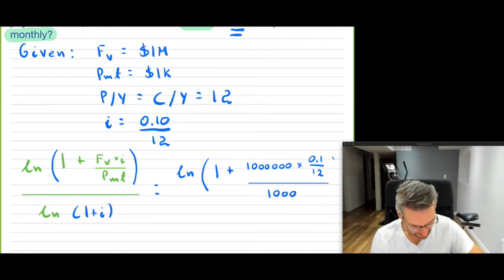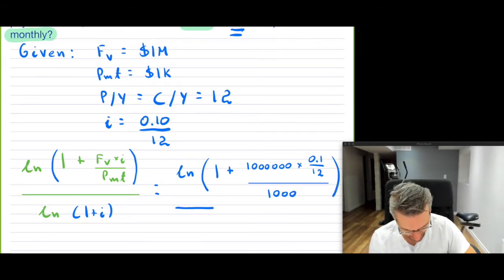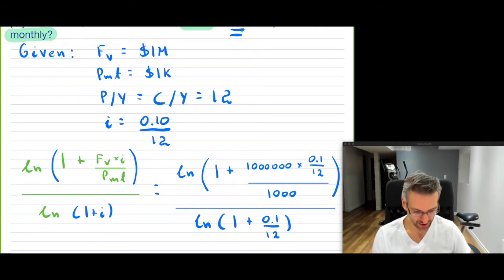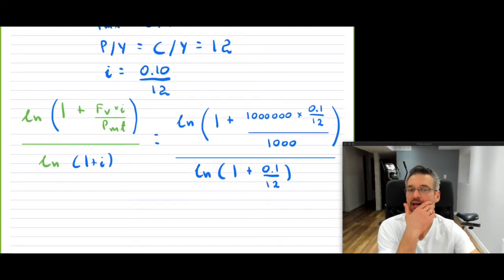$1,000. So we have to take the ln of that divided by, and now we're going to be dividing by the ln of 1 plus 0.1 divided by 12. So this is going to be a pain to try to put into our calculators. All right, so let's take a look and see how we can do that.